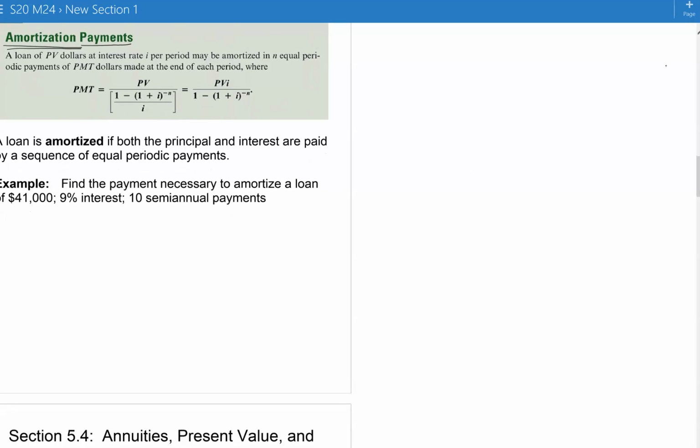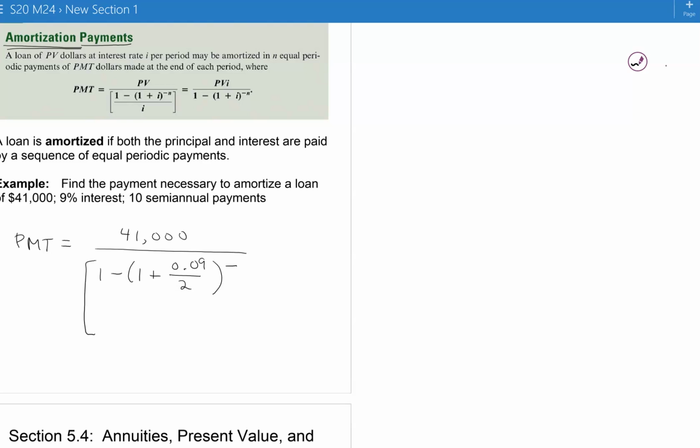So we can find the payment necessary to amortize a loan of $41,000. Have 1 minus 1 plus, my interest rate will be 0.09 as a decimal, over 2 for semi-annual payments, to the negative 10 semi-annual payments, over always the same interest rate.